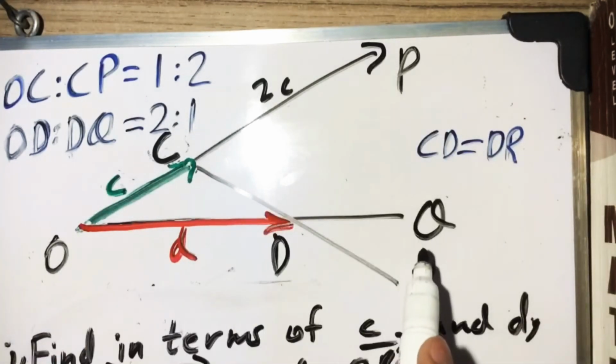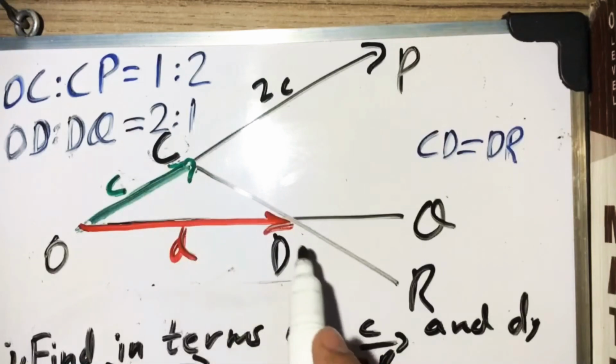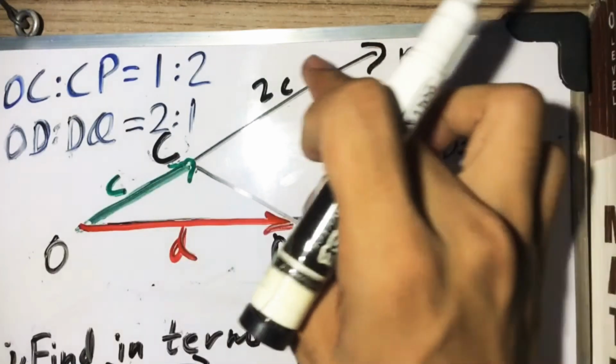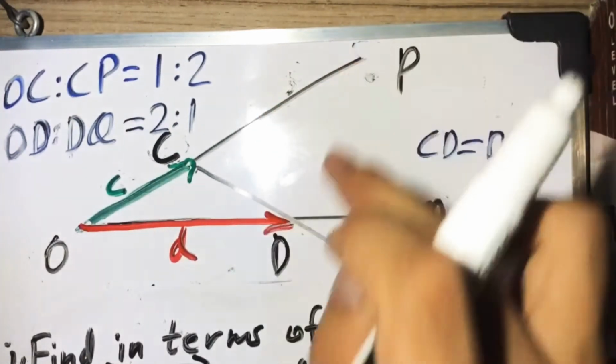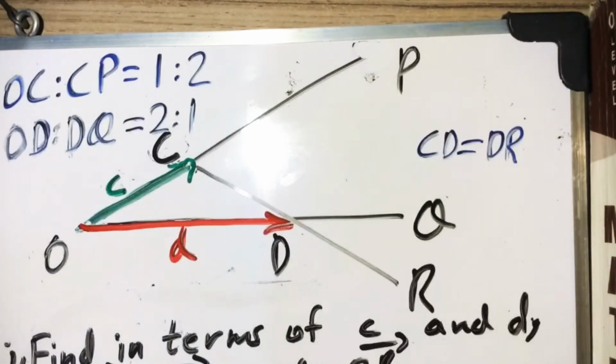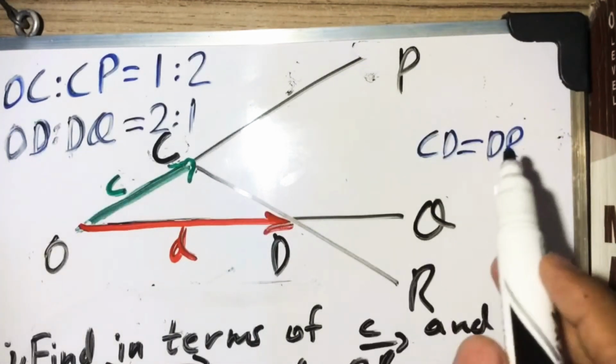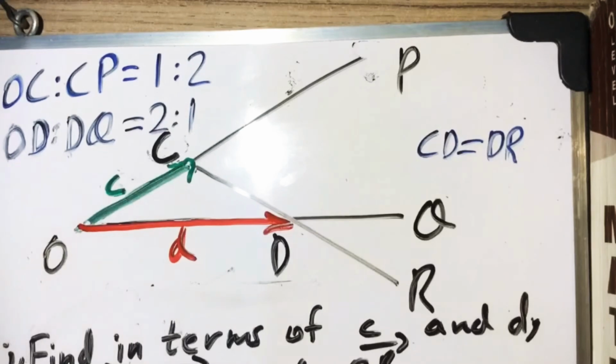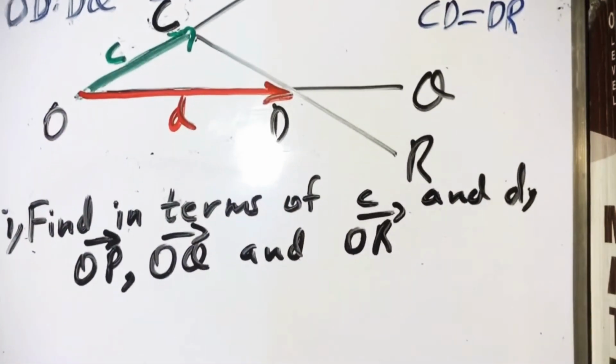OD is to DQ is 2:1, so the vector DQ will be D upon 2. And CD equals DR. Now first part we have to find in terms of C and D: OP, OQ and OR.